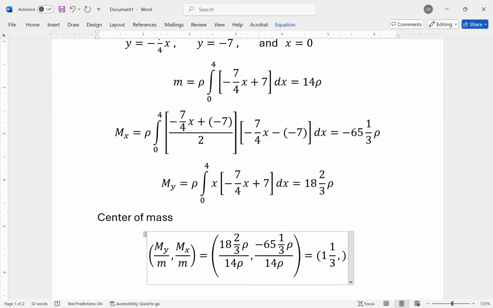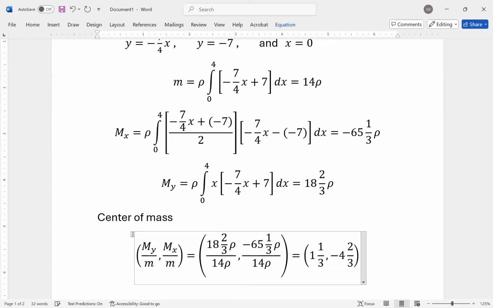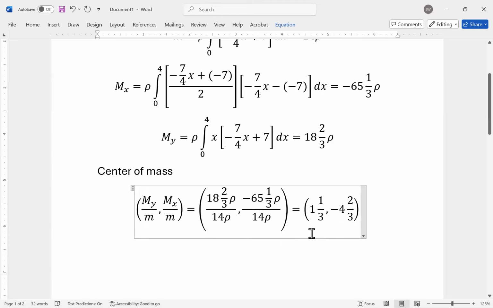And then when I take negative 65 and a third, be careful how you type that into your calculator, divided by 14, you should get negative 4 2/3. So this is my center of mass, 1 1/3, comma, negative 4 2/3.